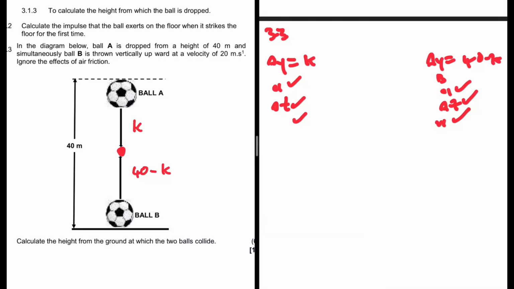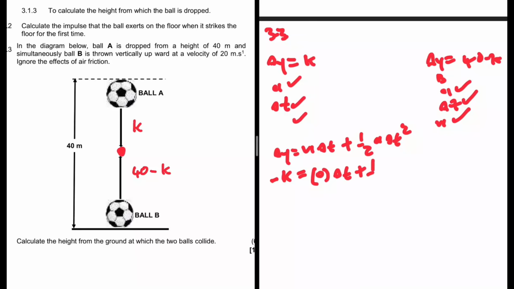Okay, so if we start with ball A, we're going to have delta y equals Vi delta t plus a half acceleration delta t squared. So the displacement of A, let's take up as positive, right, is going to be minus k because we're taking up as positive. The initial velocity, it is dropped, so it is 0. So we have 0 delta t plus a half acceleration, which is minus 9.8, delta t squared.